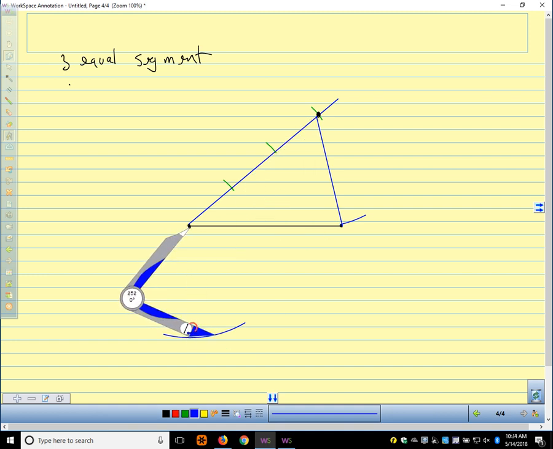And now I'm going to measure that length, but I want to put it over here. So let me do it the other way just so it's easier to move my compass. I'm going to measure that length, and I'm going to put it here.